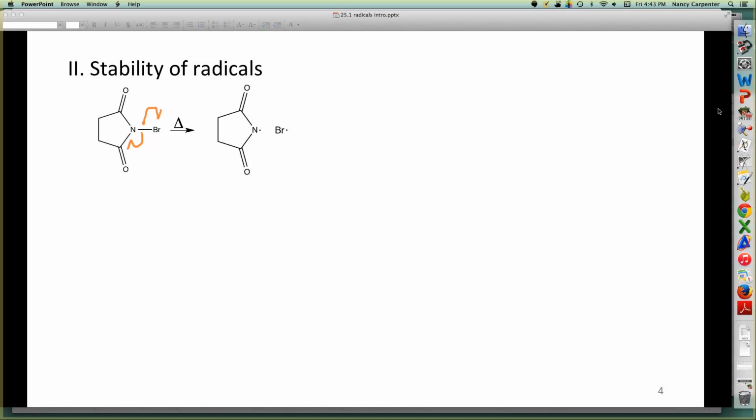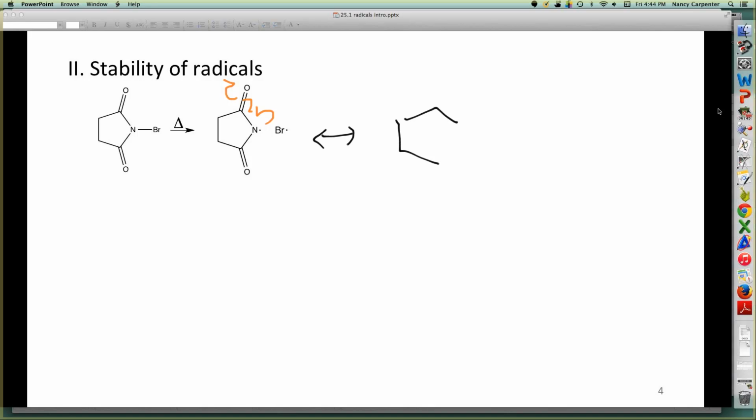Why should that radical be so easily formed? Well, basically, it's because of our good friend resonance. I can delocalize that unpaired electron just like I've delocalized two electrons.